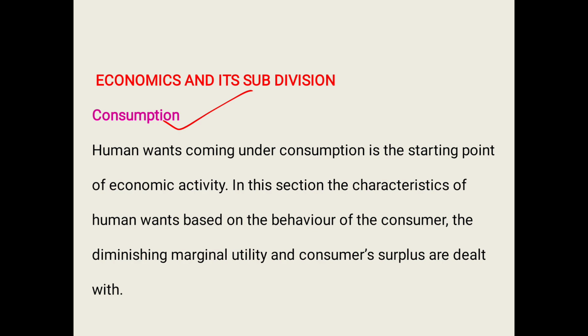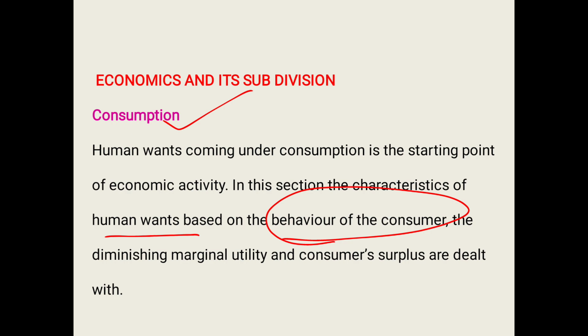And does he have any limitation to his wants? Not at all. As long as he doesn't have any limitations of wants, consumption keeps on increasing. Because the consumption keeps on increasing, the economic activity of the country also increases. So, human wants is based on the behavior of the consumer.